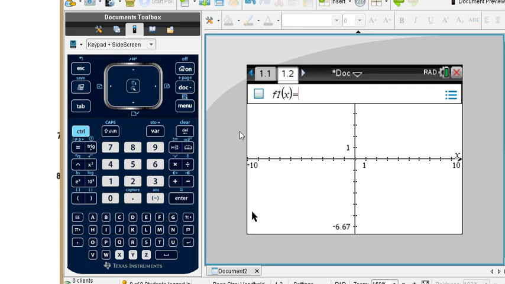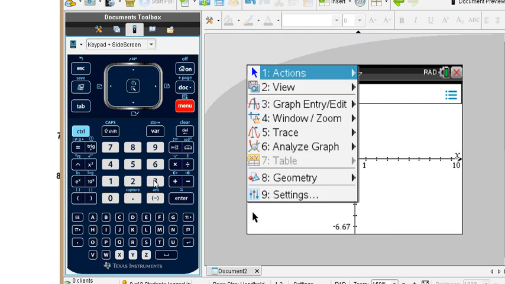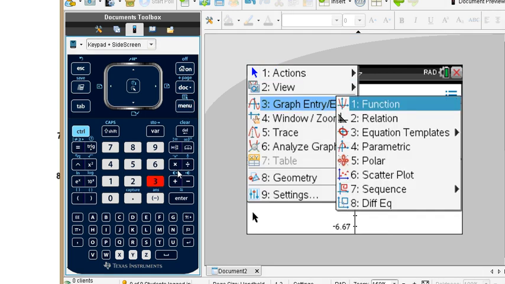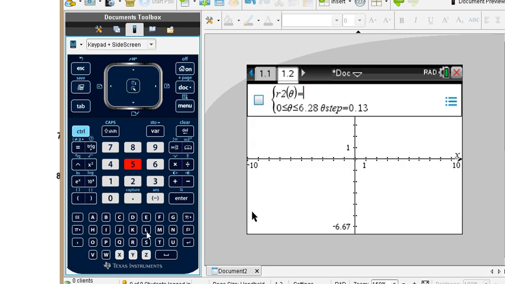And we go to the calculator. To graph the polar equation, we go to Menu. We go to Graph, Entry, Edit. And in my operating system, my option 5 is polar. Yours may be option 4, but just look for polar, whatever it is. And then we're just going to enter the function here, which is r equals 3 cosine 6 theta.